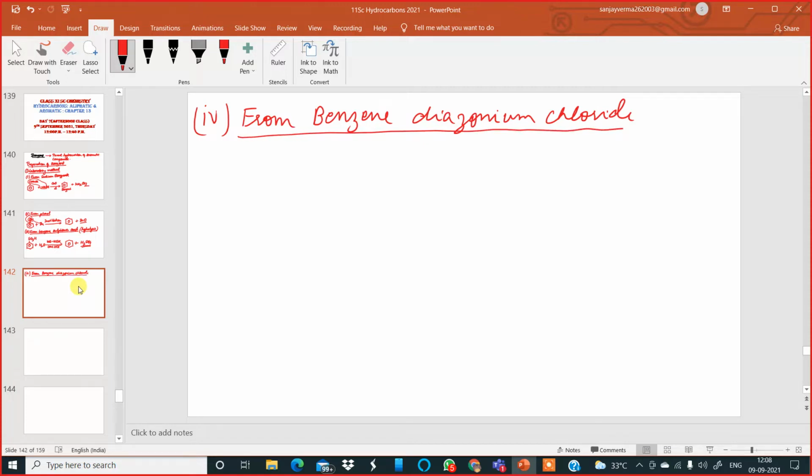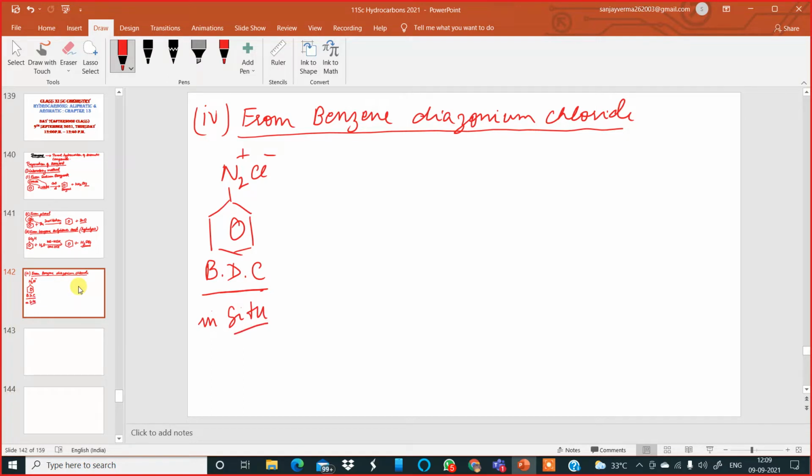The formula of benzene diazonium chloride is here, N2+ Cl-, and then the benzene ring. It is prepared by reacting aniline with sodium nitrite, NaNO2, at ice cold temperature. It is prepared in situ: whenever it is required, it is prepared and then it is used.